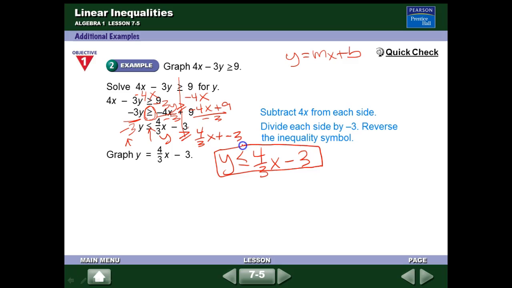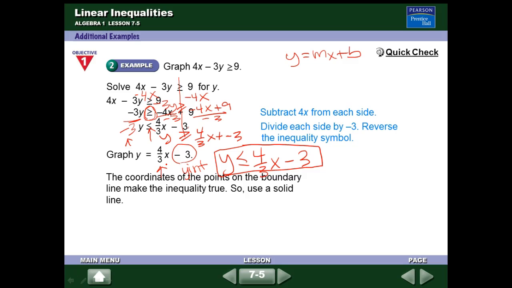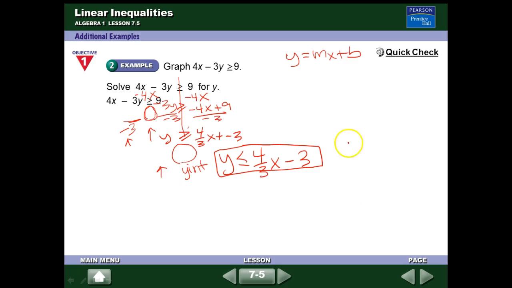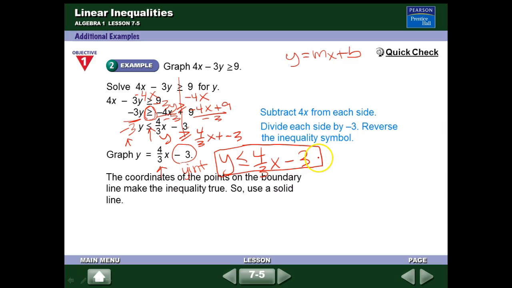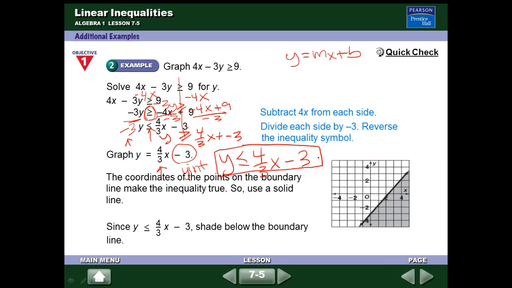First thing we're going to do is make it seem like it's that equal sign so we can graph. We know this is going to be my y-intercept, and my slope is 4/3. So let's graph it. Over here we will graph negative 3 at my y-intercept, and I'm going to go up 4, 1, 2, 3, 4, over 3, 1, 2, 3.